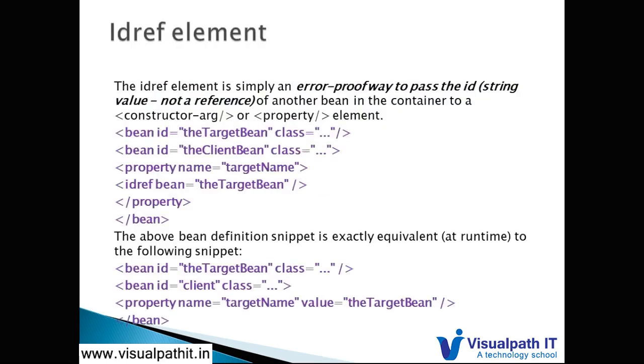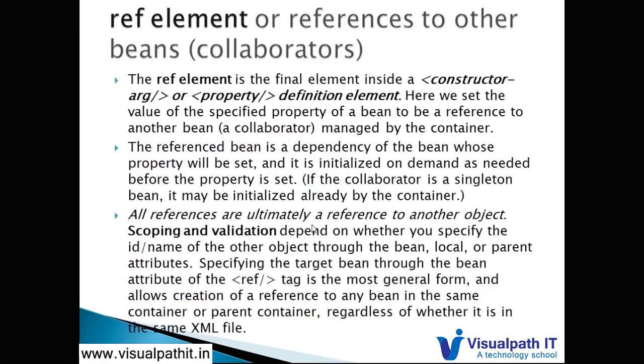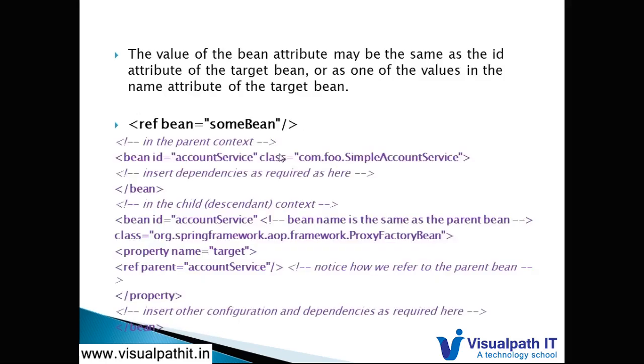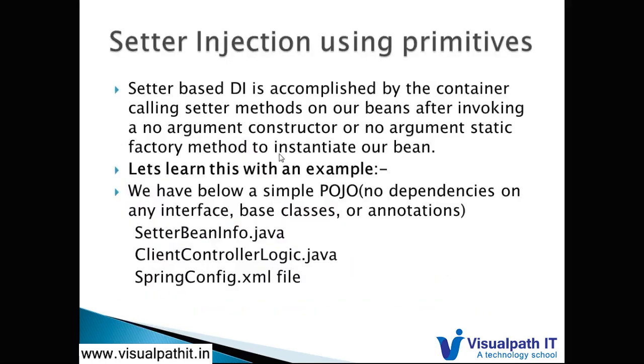Second is the idref element, used for a kind of dependency between the objects, and the ref element, which is also known as the collaborator, and how the setter injection is done using the primitives and what exactly is the setter injection.